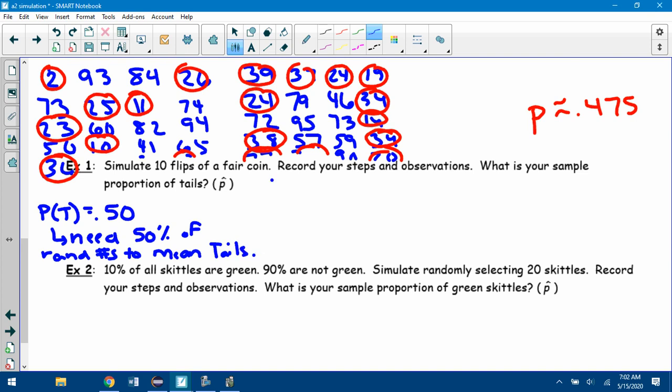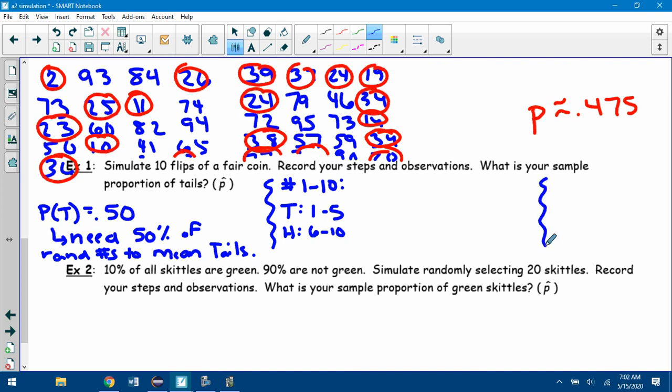So, what numbers do you want to pick? Well, if I use the numbers 1 through 10, what numbers would tails be? 1 through 5. What numbers would heads be? 6 through 10. 50% of the numbers are tails, 50% are heads.